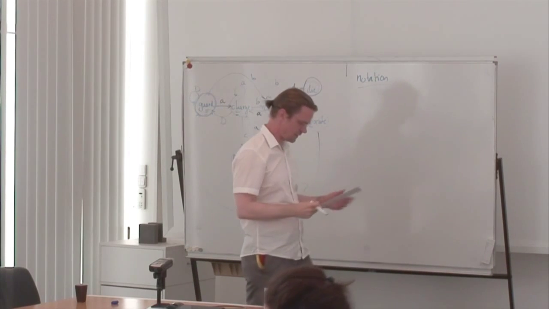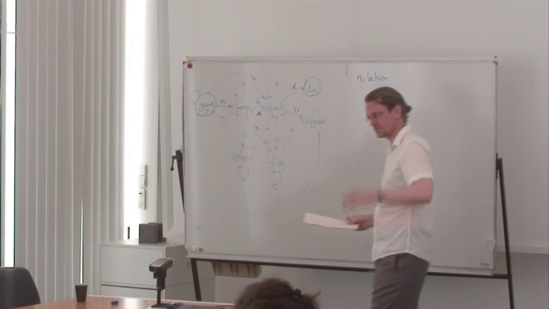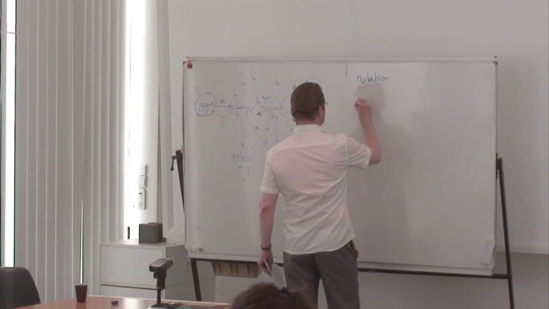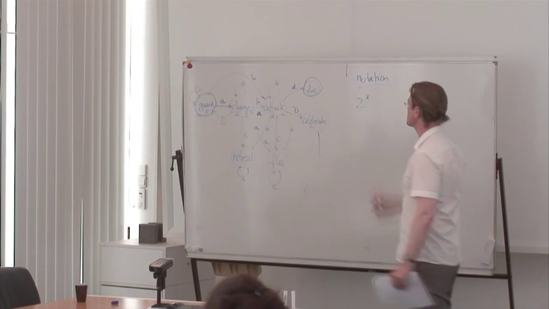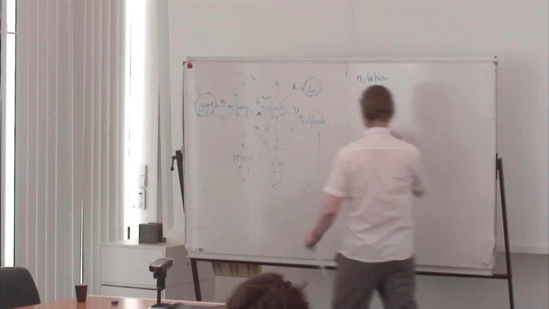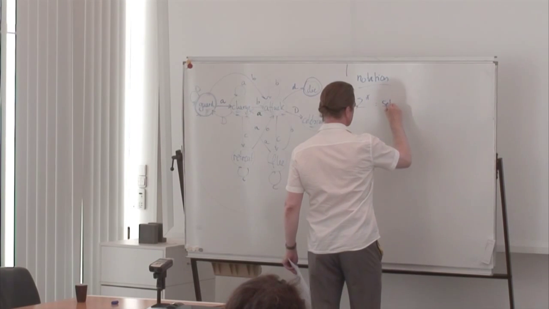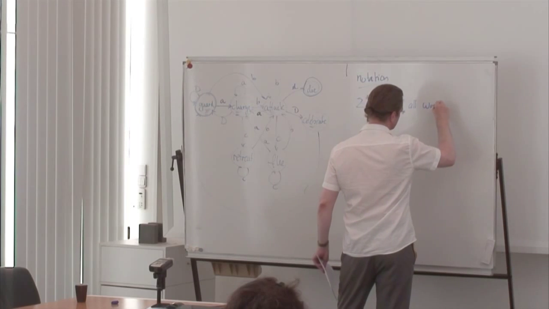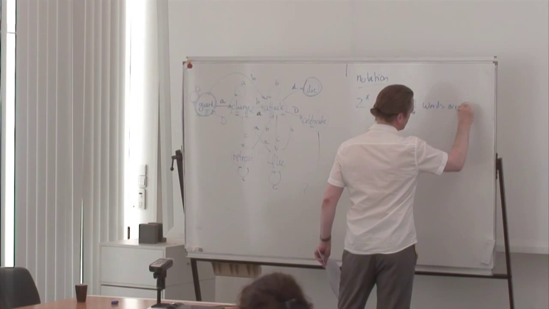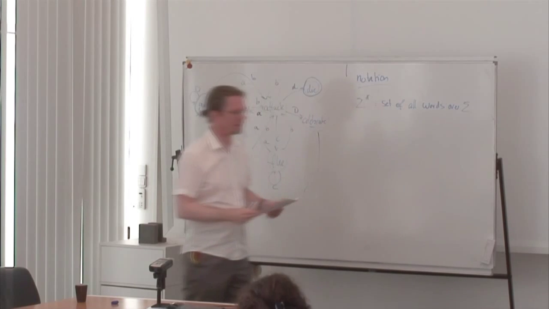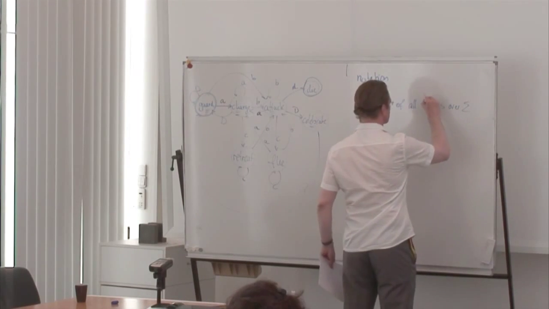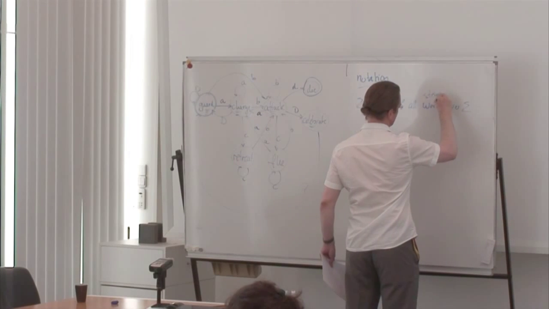And I will use the notational conventions typically used in language processing or in computational linguistics. By sigma star, I am referring to the set of all words, or strings, probably, over sigma.